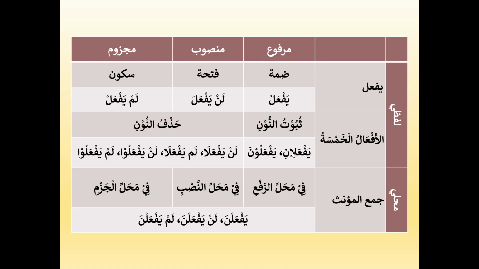These are not your fa'ils, these are nuns that show the status. Then we have lan yaf'ala, lam yaf'ala, lan yaf'alu, lam yaf'alu. The only way you can tell whether it is mansub or majzum is to look at the amil itself. What made it? So that's the key there, inshallah.